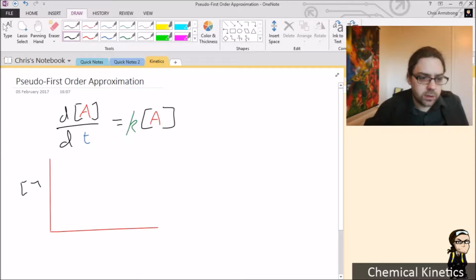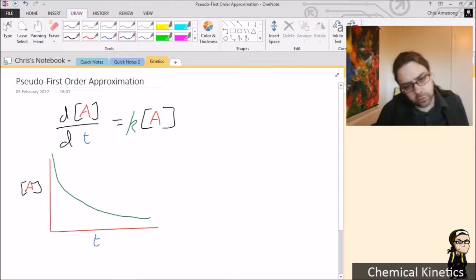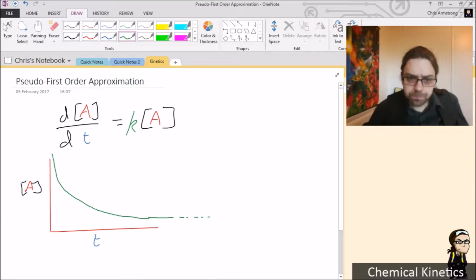Now, if you were to plot this concentration here, time along the bottom, what you would find is a kind of, well, I can't really draw an exponential curve perfectly first time, but it's an exponential curve.